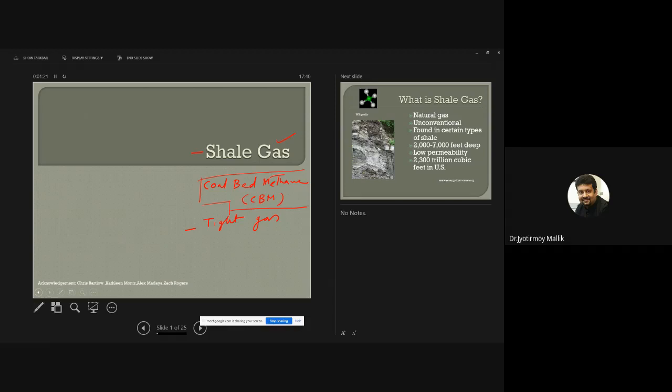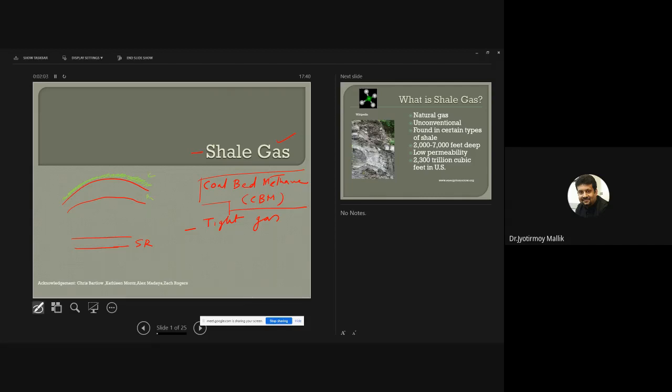As the name suggests, these are gas reservoirs, and we take out gas from shale itself. In a conventional reservoir, I will need a source rock, and then a beautiful reservoir, and on top of it will be my cap rock, which will stop my hydrocarbon from going out.